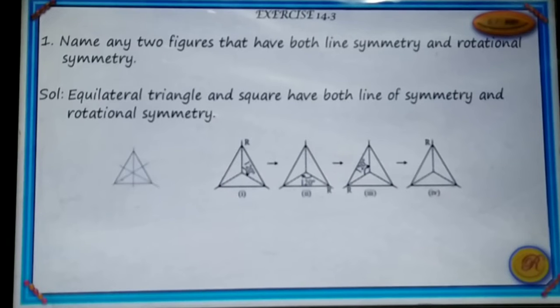How many lines of symmetry does equilateral triangle have? 3. What about angle of rotation? 120 degree. What about order of rotation? 3.